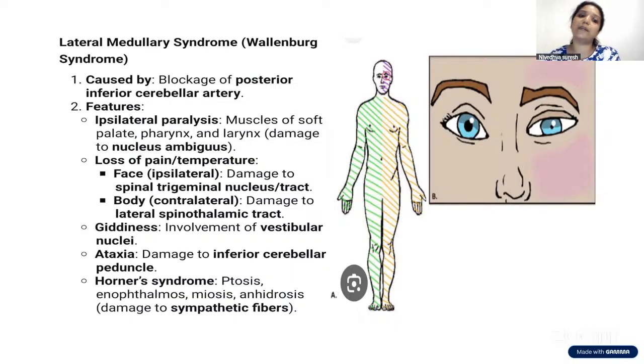Then loss of pain and temperature: in the face, on the same side, and in the body, on the opposite side. Then the patient will have giddiness, due to the involvement of the vestibular nuclei, and due to the damage of the inferior cerebellar peduncle, there will be ataxia and Horner syndrome. Horner syndrome is characterized by ptosis, enophthalmos, miosis, and anhidrosis.